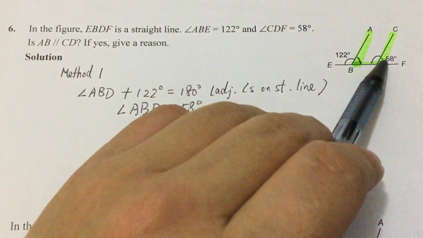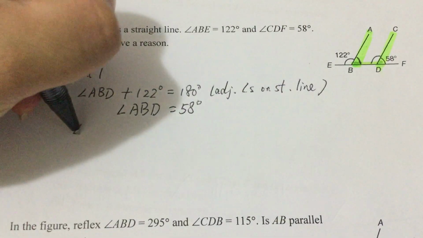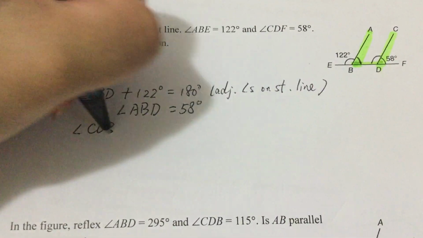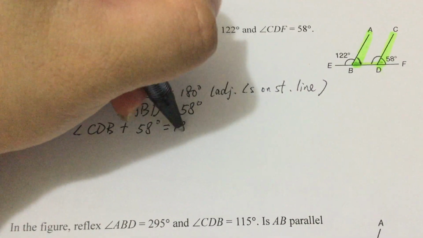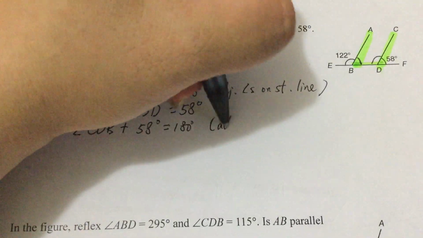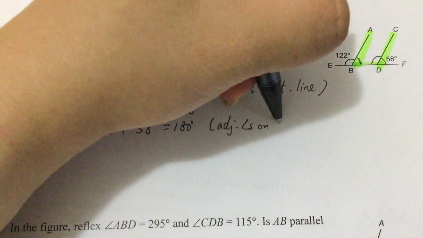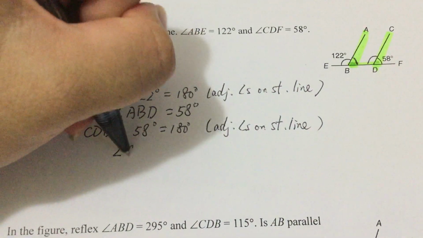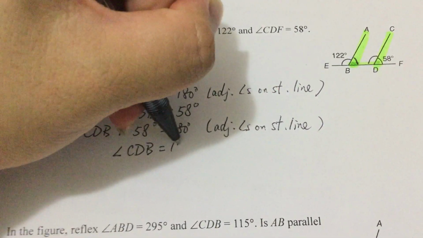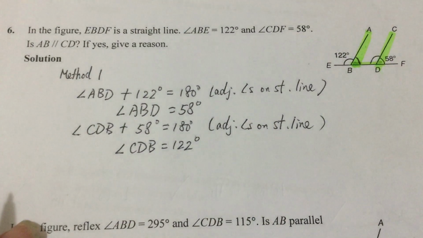And then we are going to find the other angle. So this one is angle CDB plus 58 degrees equals 180 degrees. Once again, adjacent angles on a straight line. So we know the angle inside, angle CDB, will equal 122 degrees once again.